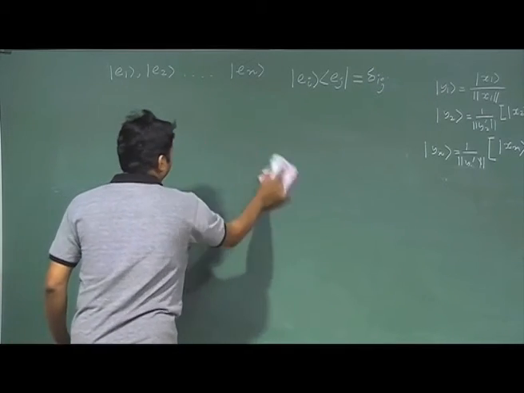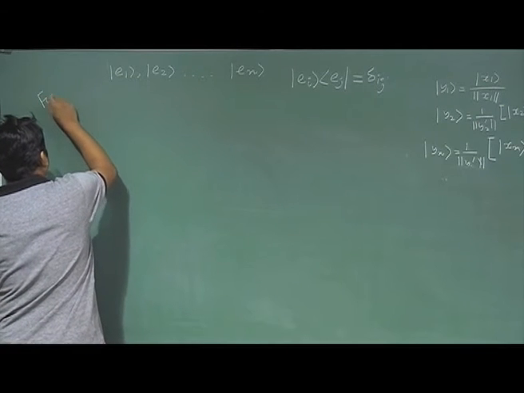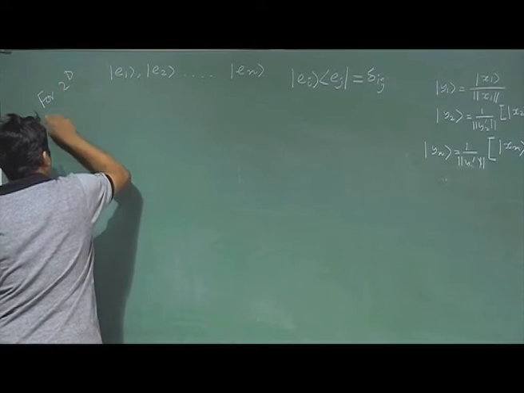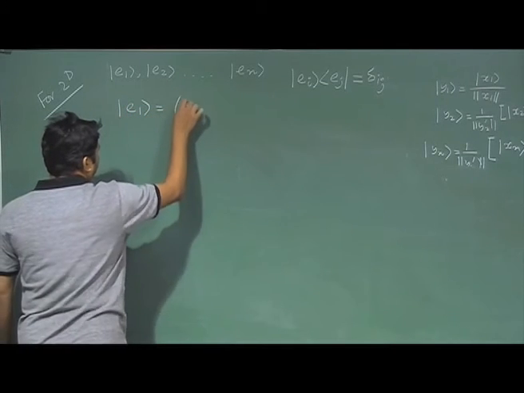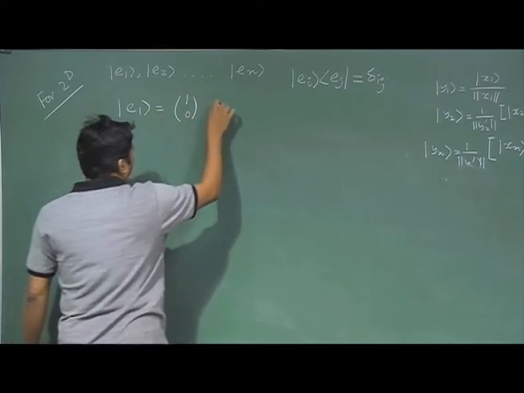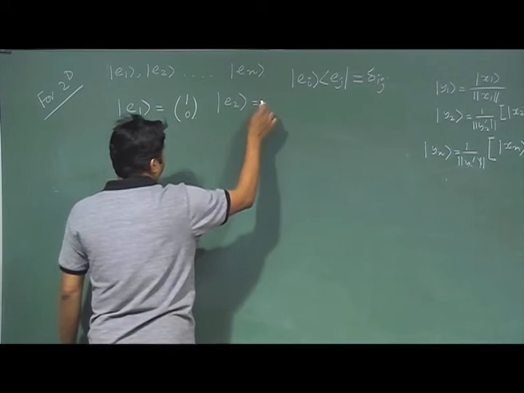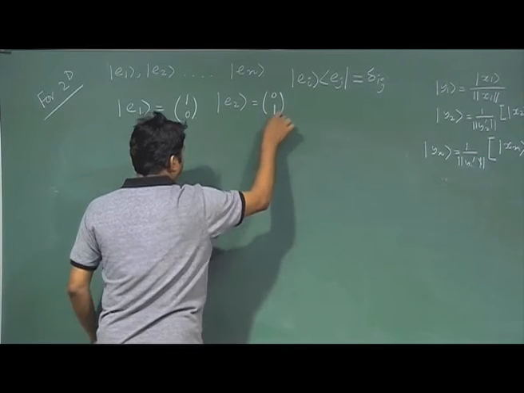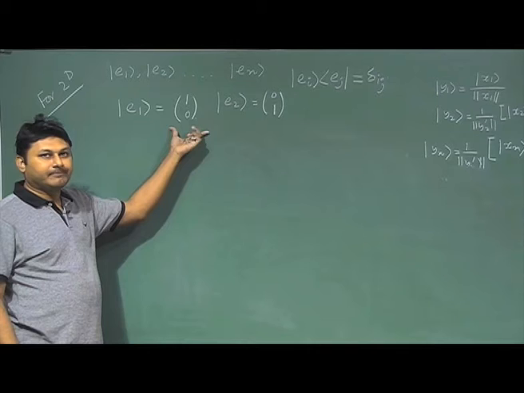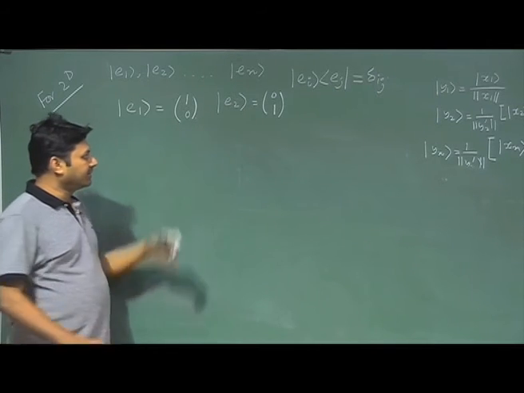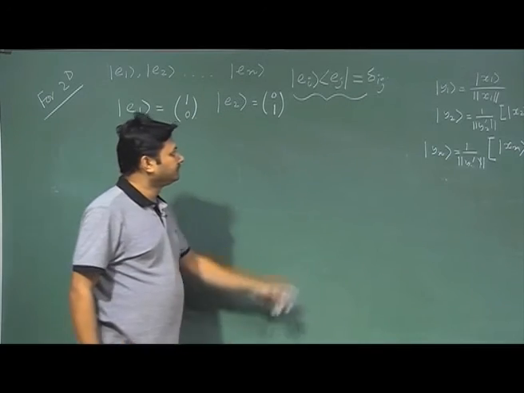let me do that for 2D, which is easier. E1, E2. I know that these two form an orthonormal basis. If they form an orthonormal basis, they will readily follow this rule.